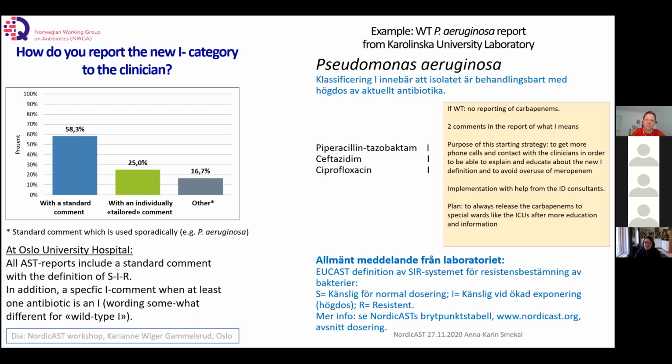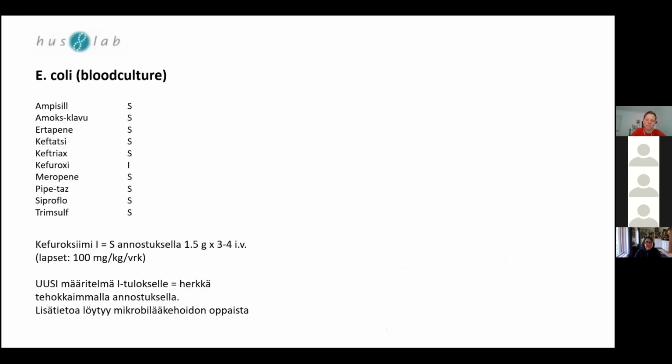And for Helsinki, we had meetings with ID colleagues and also with FIRE, and we had, next slide, this type of report. So it's an E. coli from blood culture, and all tested antibiotics are susceptible.